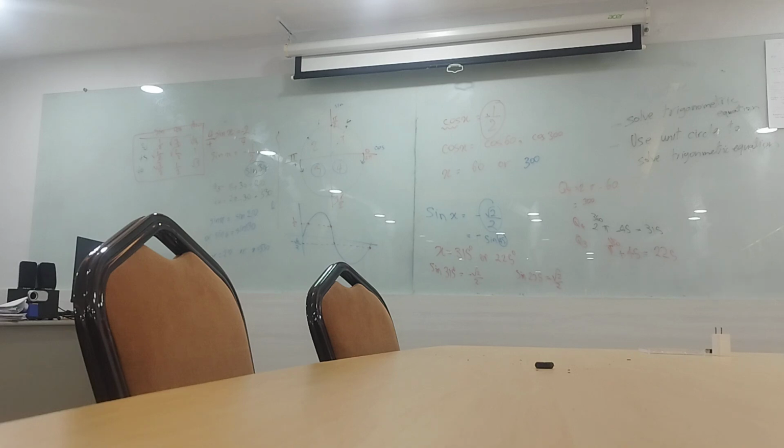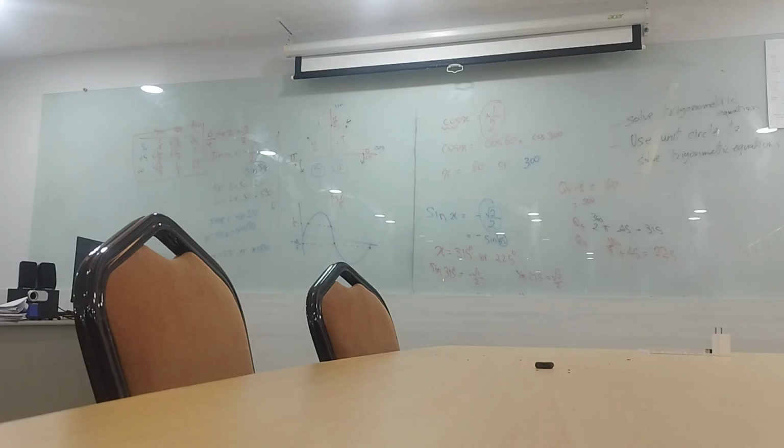We cannot divide this out. And here what I want to do, I want to factor. I'll factor cosine. What is the same? Term 1, term 2. It's cosine, right?